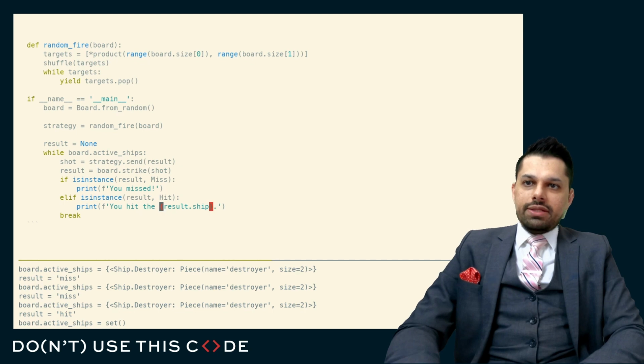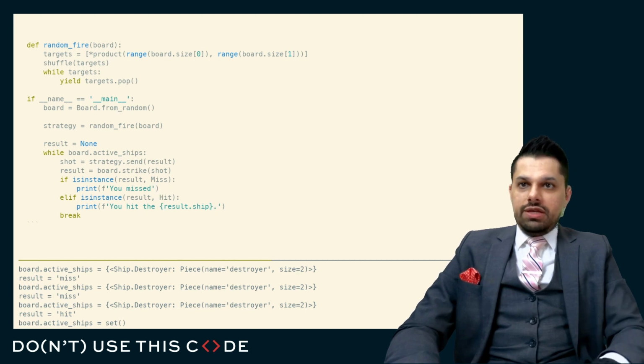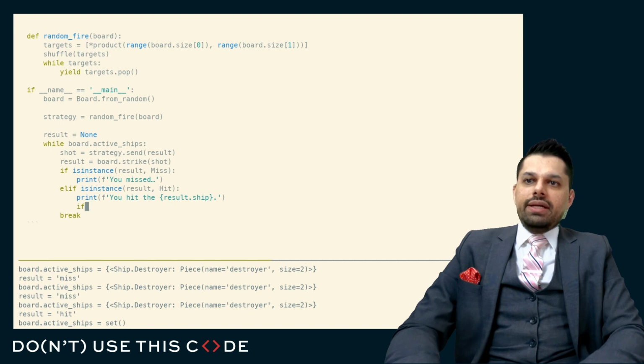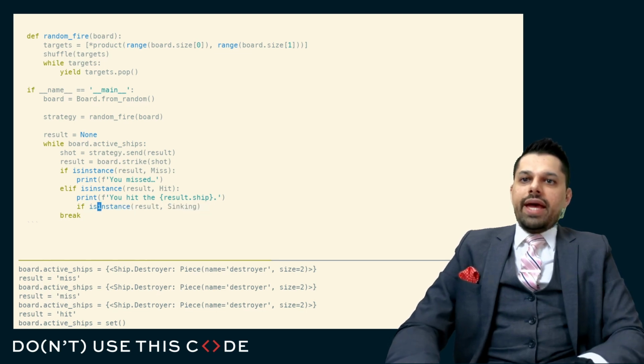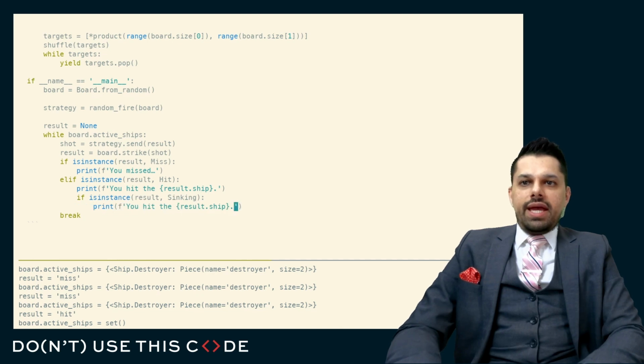And actually, you should do it like this even. And if this thing is an instance of a sinking, then you can say you sunk the whatever. And this is where we put exclamation points.